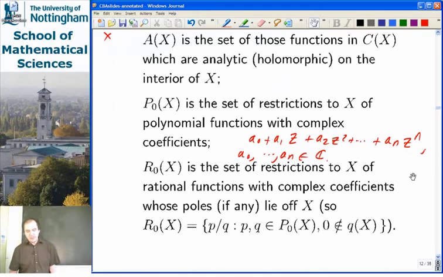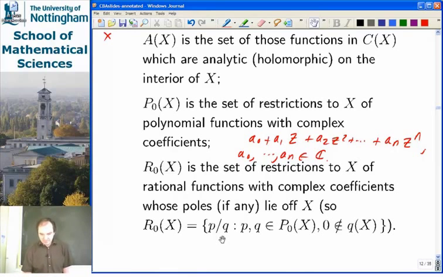Rational functions are similar, except you take rational functions. Rational functions are polynomial divided by polynomial. But you mustn't divide by 0. So when I say no poles on x, if there are any poles, they must be off x. That means that you mustn't be dividing by 0.